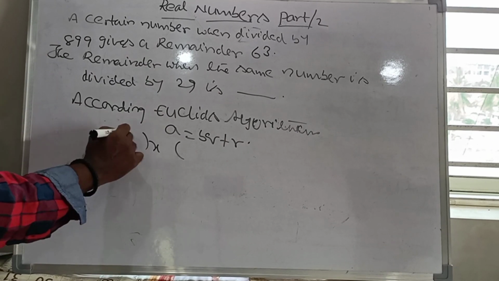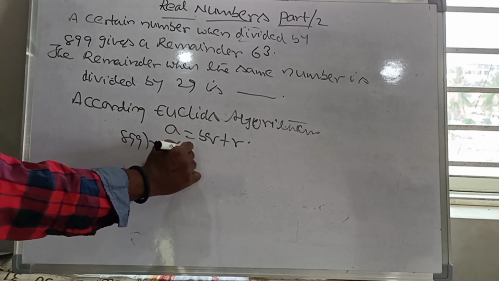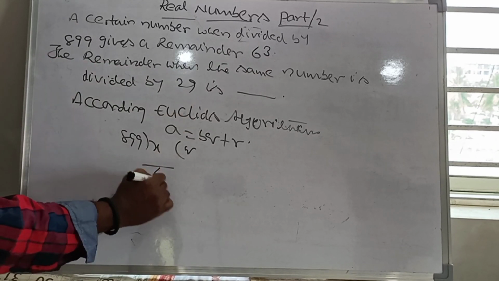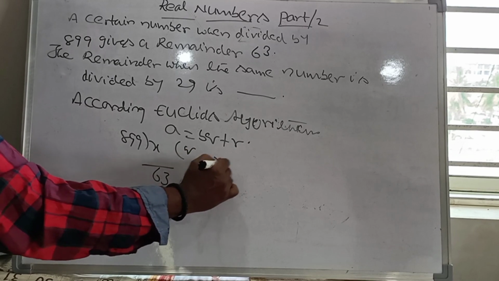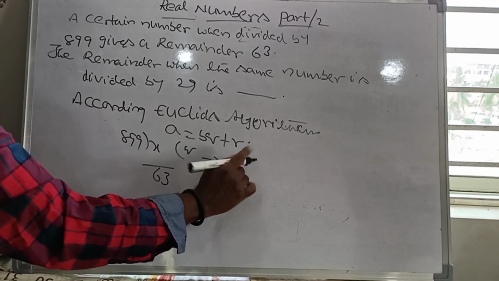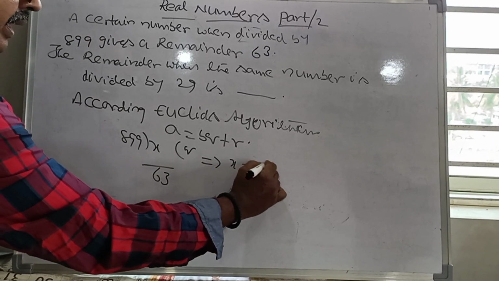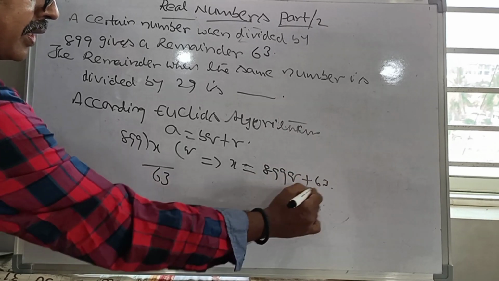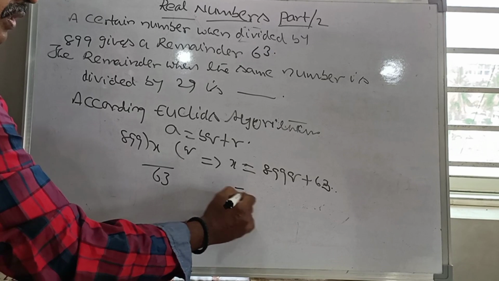When x is divided by 899, let the quotient be q and the remainder is given to be 63. Therefore, x is equal to 899q plus 63.